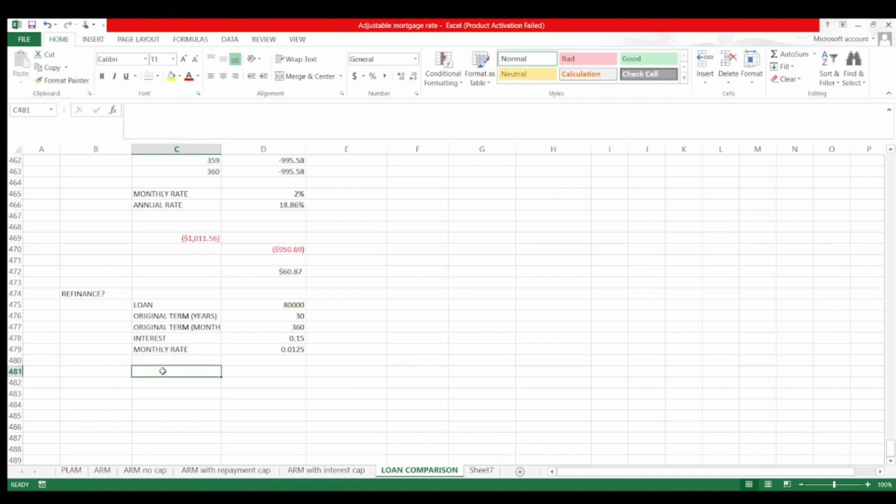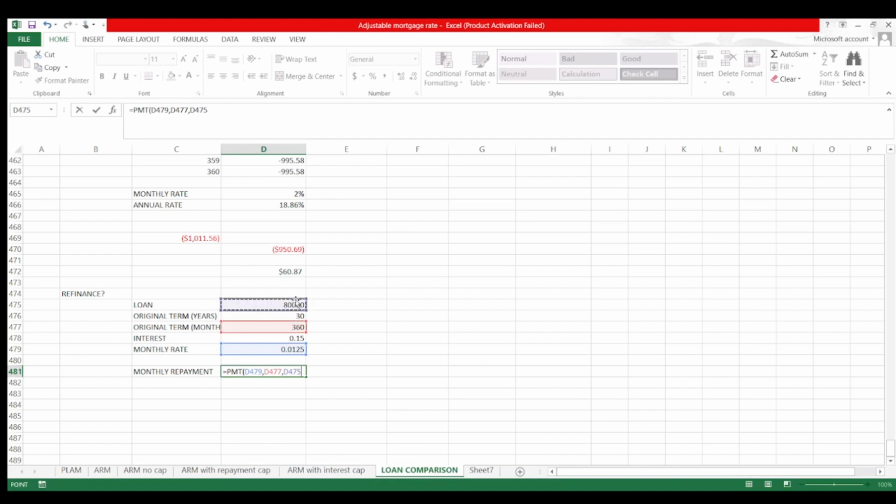So with this information, we can calculate the monthly repayments. The formula is equals to PMT, then the rate, number of periods, and the loan amount.